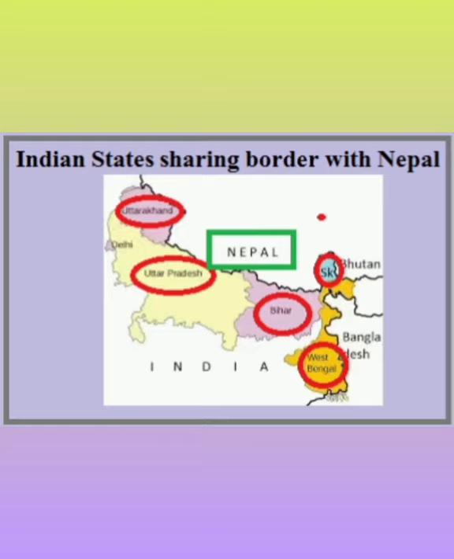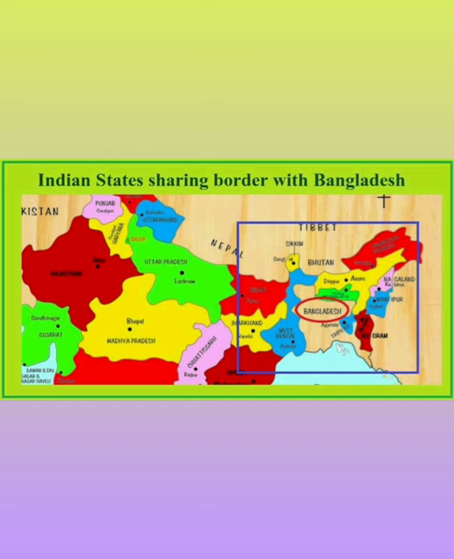Now, states having a common boundary with Nepal are Uttarakhand, Uttar Pradesh, Bihar, West Bengal, and Sikkim. Then states having a common boundary with Bangladesh are West Bengal, Assam, Tripura, Meghalaya, and Mizoram. So this is the total political division of India.